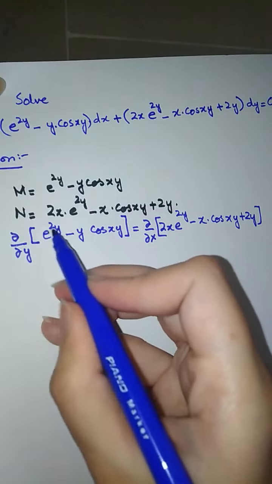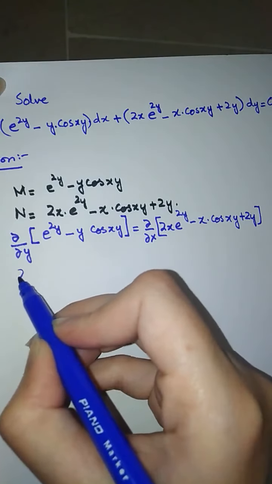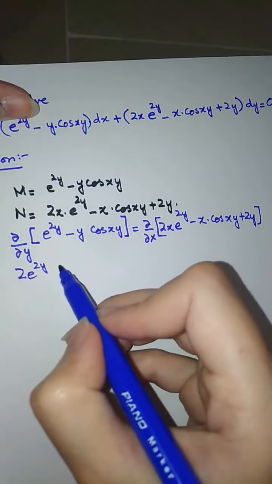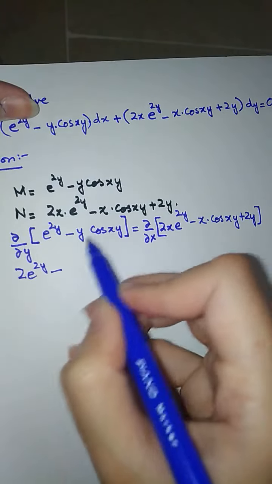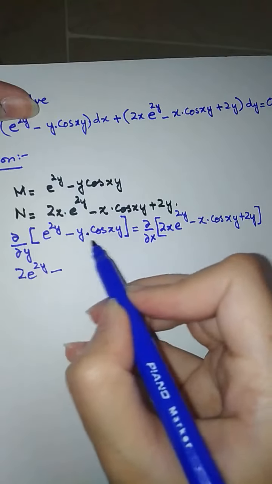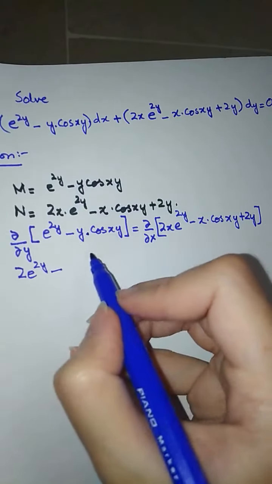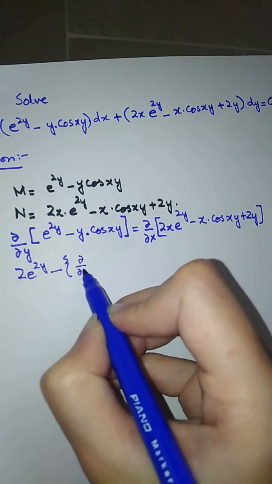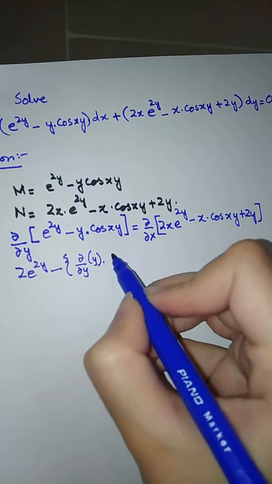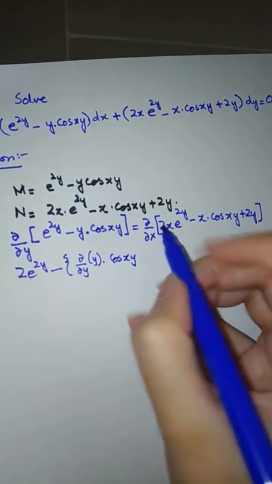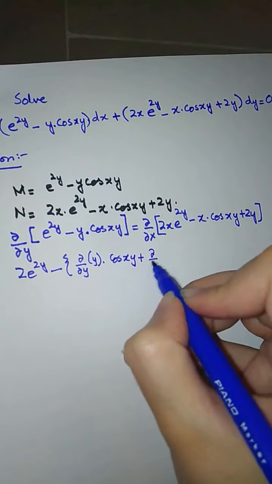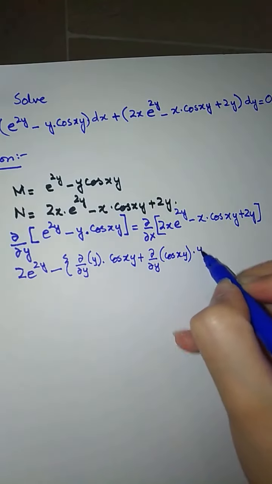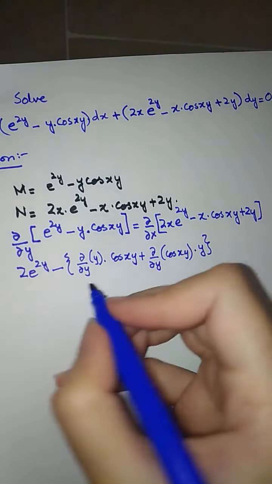Its derivative with respect to y is 2, so it becomes 2e^(2y). In the next term we use the product rule, because both functions contain y. The product rule is the derivative of the first function with the second remaining as it is, plus the derivative of the second function with the first remaining as it is.